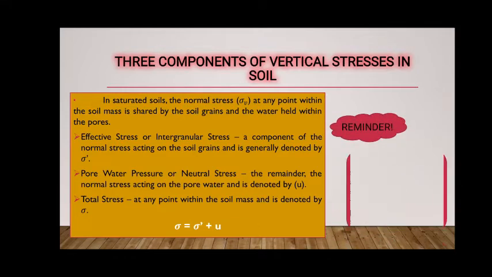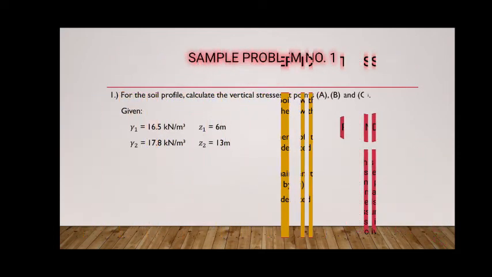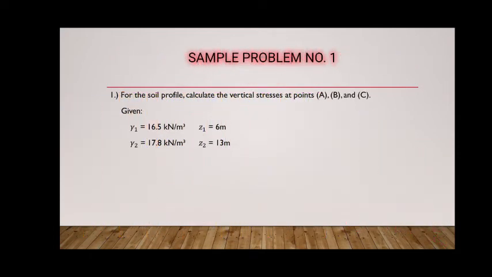Just a reminder, those three only apply to normal stresses in all directions at any point within the soil mass, while in dry soil, there is no pore water pressure and the total stress is the same as the effective stress.